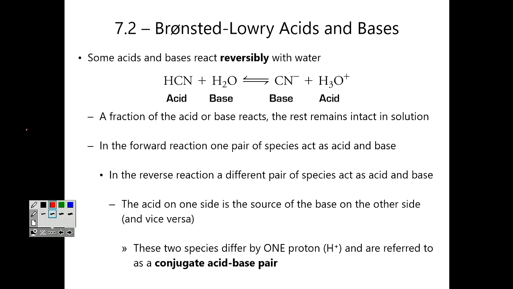So the process is then reversible, meaning that there's an equilibrium that is established between the acid in its intact, unionized form, meaning it has not split into its corresponding ions, H+ and in this case, CN-. So this is the unionized, and then over here would be the ionized form, right? Notice that the proton of the HCN has now been incorporated as one of the protons in the hydronium.